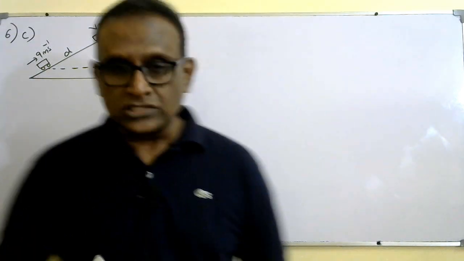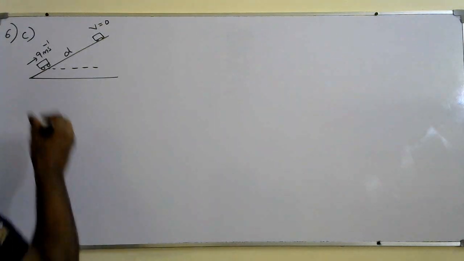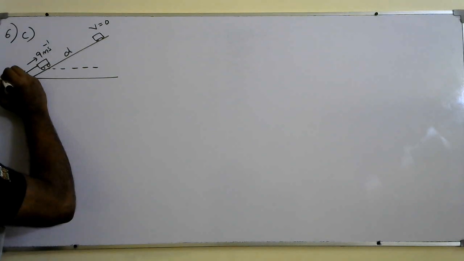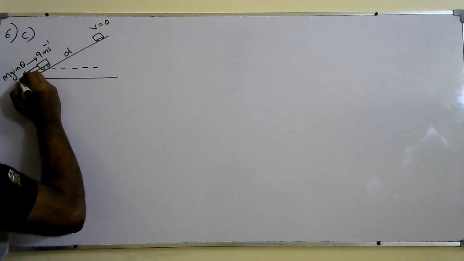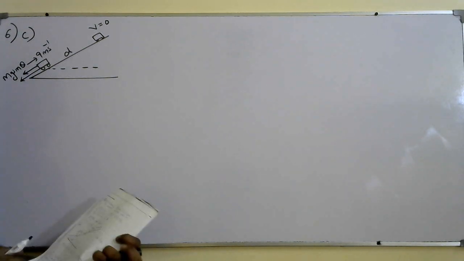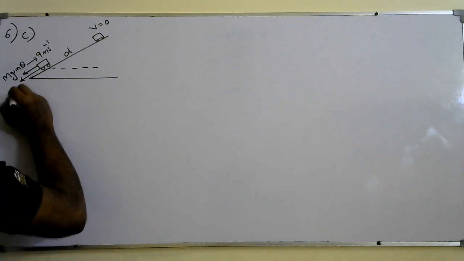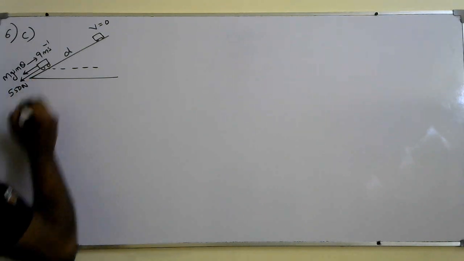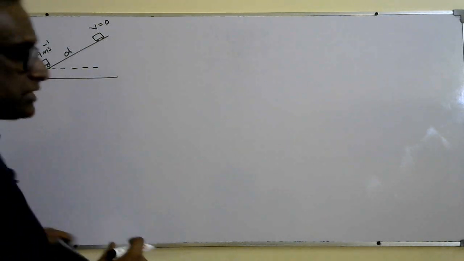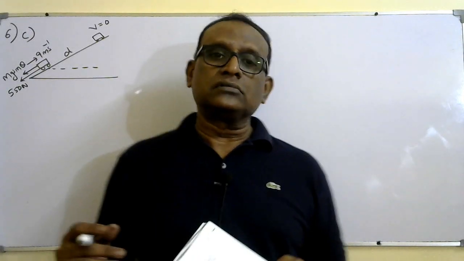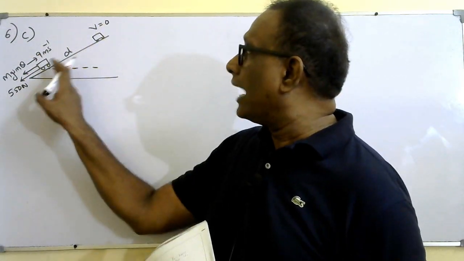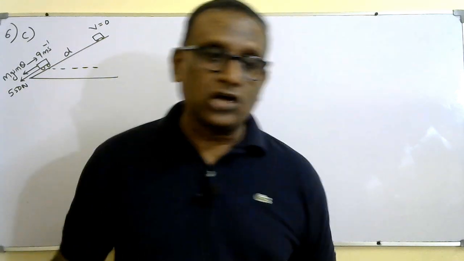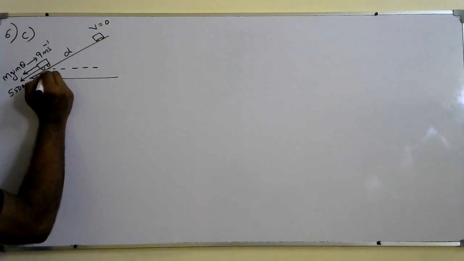What are the opposing forces on it after the tow bar breaks? One is the component of its weight, that is mg sin theta. Then the friction. It says friction is 550 Newton. So these are the two opposing forces. Due to these opposing forces, the trailer will decelerate from 9 meter per second to 0 and it moves a distance d along the slope. The angle is the same theta.